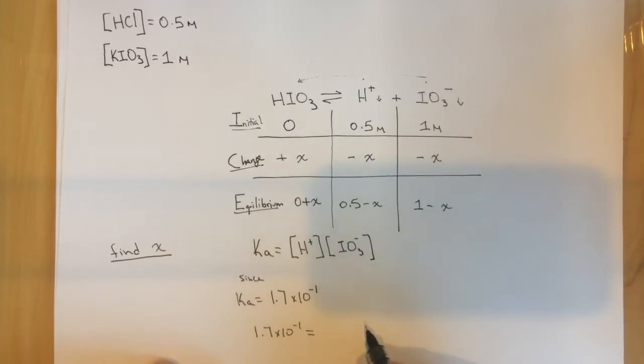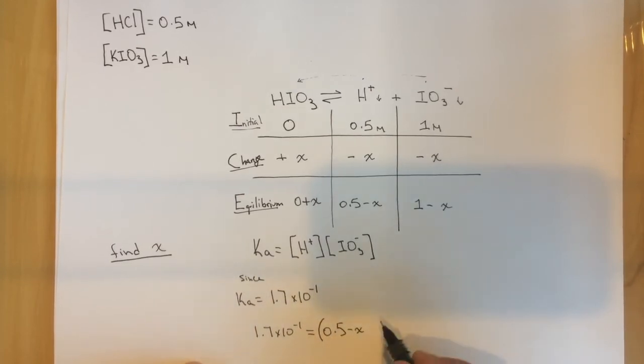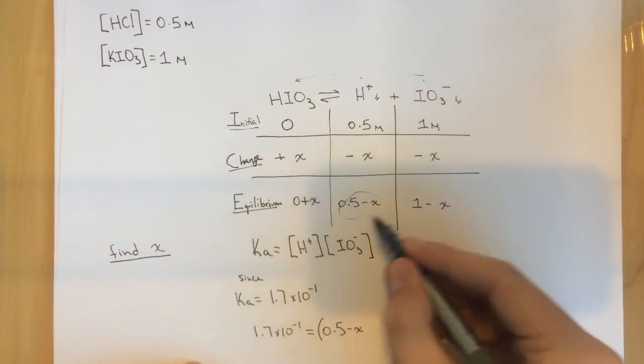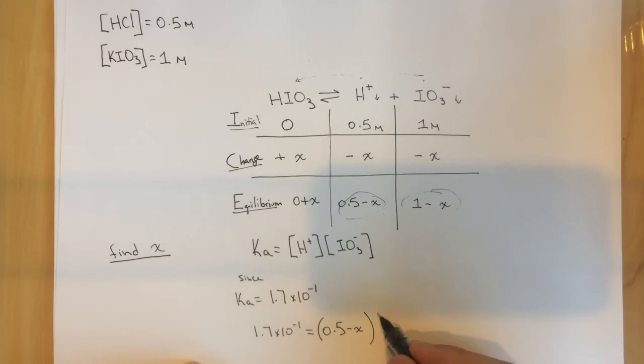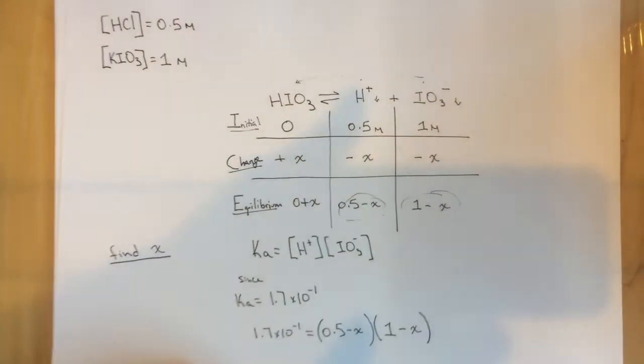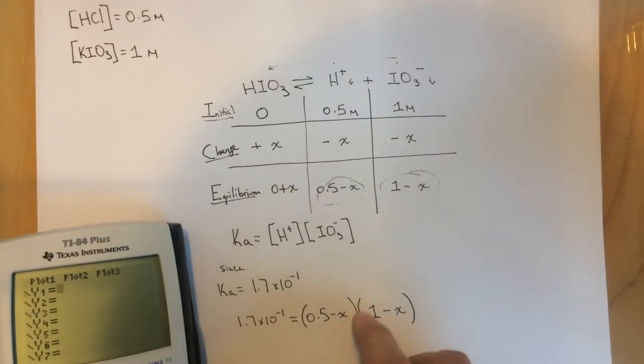And we know that at equilibrium, our H plus concentration is 0.5 minus X, right? Because we know that after the change at equilibrium, it's 0.5 minus X, and our IO3 minus concentration is 1 minus X. So now let's pull out our graphing calculators to solve for X.